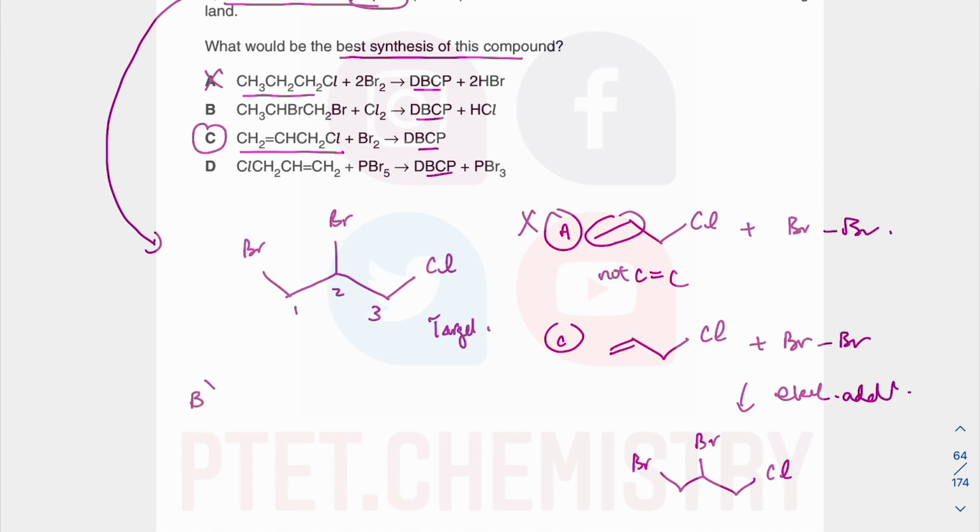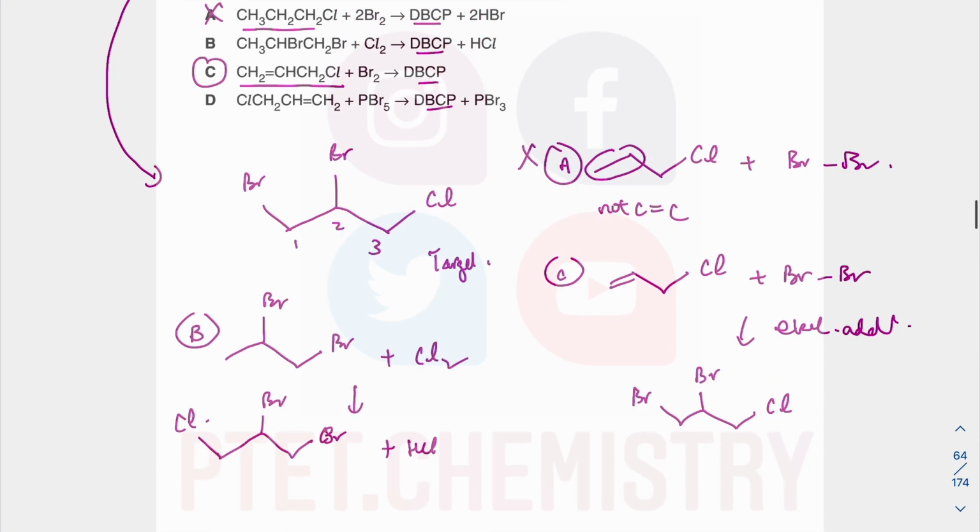If you look at B, you have that and you have that, and you want that to produce HCl plus your Br and Cl. Why is that not good? Because that is free radical substitution.